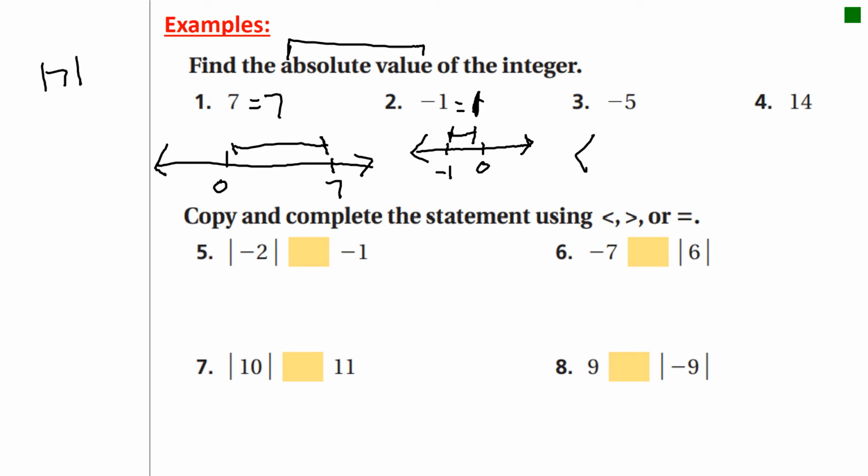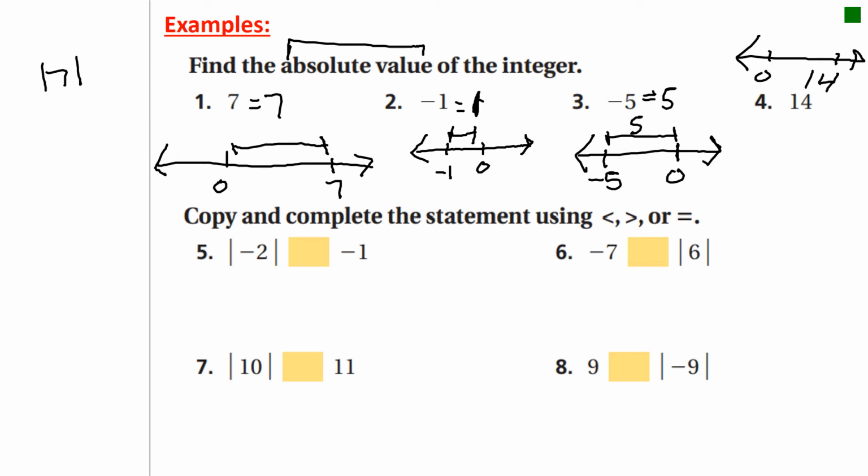What's the distance between -5 and 0 on the number line? 5 units. So 5 is the distance. Number 4: what's the distance from 0 to 14? 0 to 14 is 14. So the absolute value of 14 is 14.